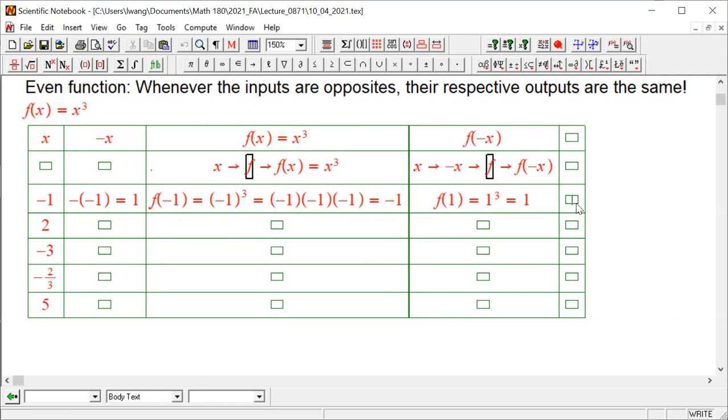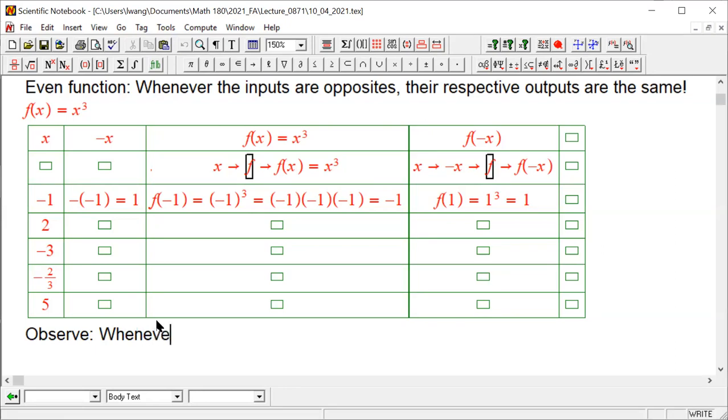Okay, so now we're going to do the comparison. When the inputs are opposite to each other, what happens to the output? As you're doing this table, I want you guys to observe what you see.